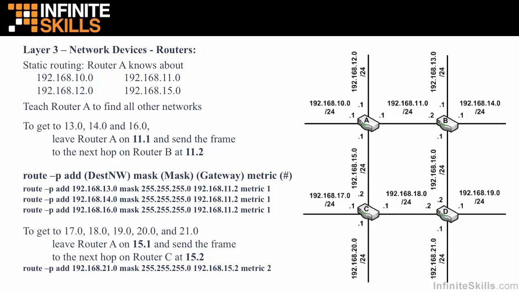And that is the process we have to go through for the 13, 14, 16, 17, 18, 19, 20, and 21 subnets. So we would have a series of route -p add statements.